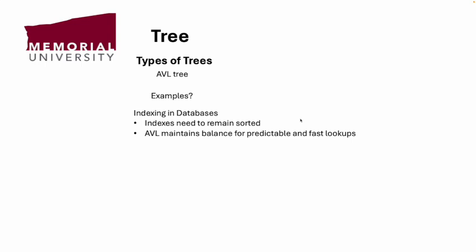Here is an example. On the index in a database, they use the AVL tree for indexing. When you design a database, in some searching scenarios, you need to index the data to improve the searching speed. Interview question: how can you speed up searching, like a SQL query? You can apply an index.